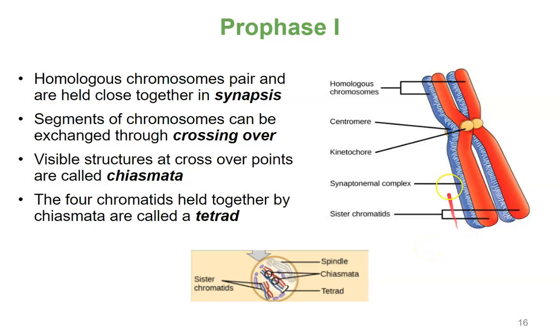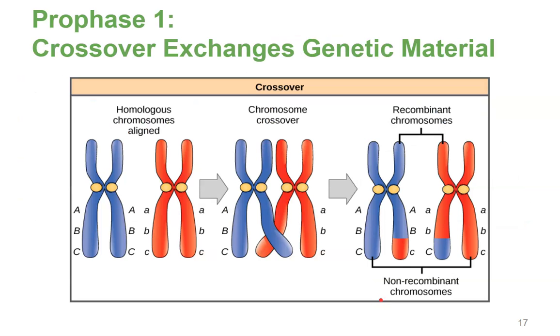Okay, so they hook up in a synapse, and then they're going to exchange some portions of their genetic material, and that's called crossing over. So this is one way we can get genetic variation through meiosis.